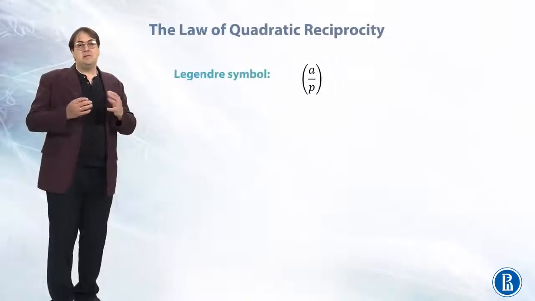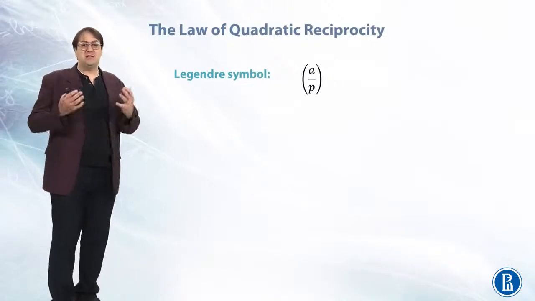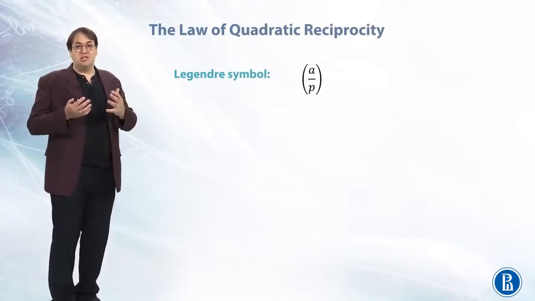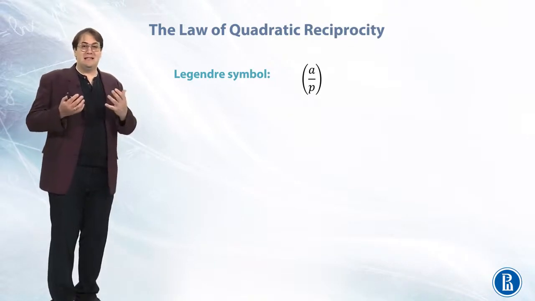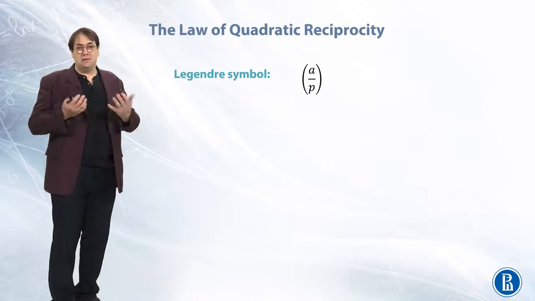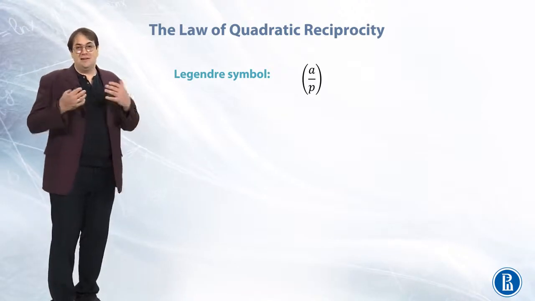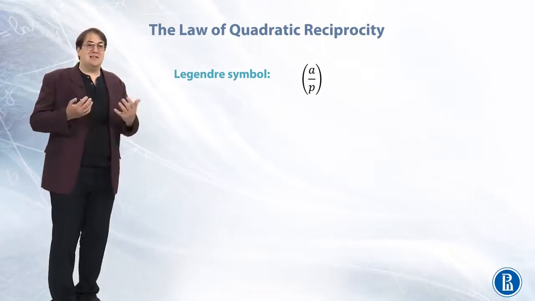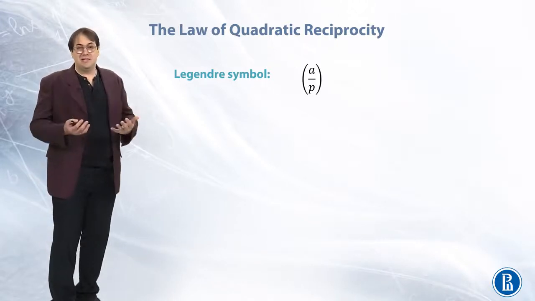First, let me remind you of Legendre's symbol, which is denoted as (a over p) in parentheses. Well, you understand that it has nothing to do with fractions or combinatorics.